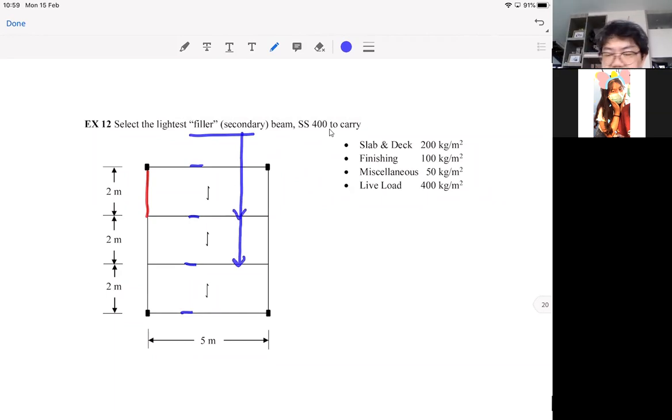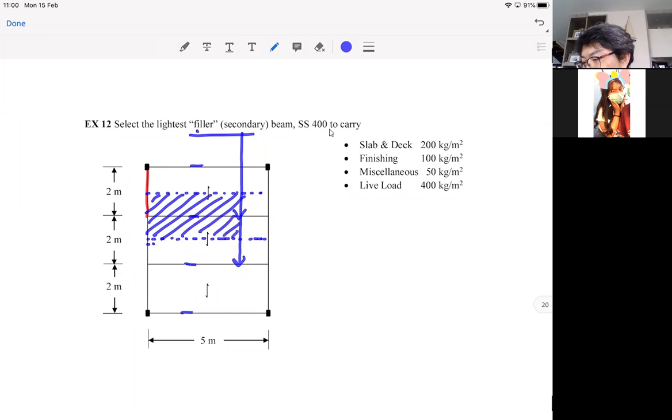Sometimes you can see that this filler beam or the secondary beam will carry the floor, and this becomes a tributary width for that particular beam. Let's try to put it in the middle, so that this becomes the tributary area that our secondary beam has to carry.